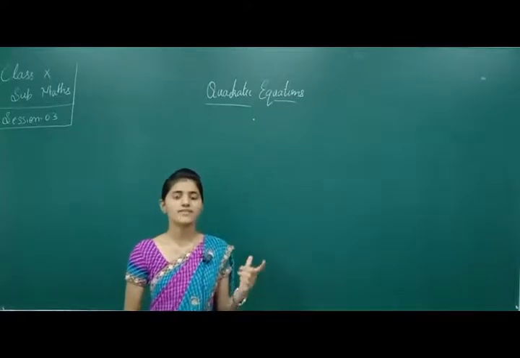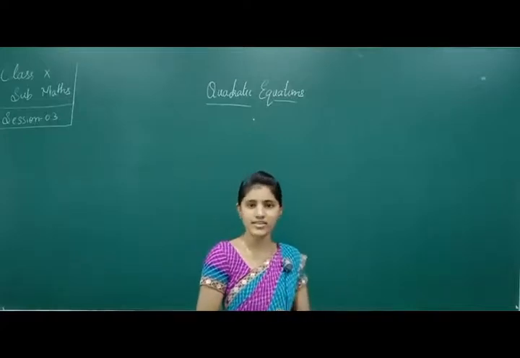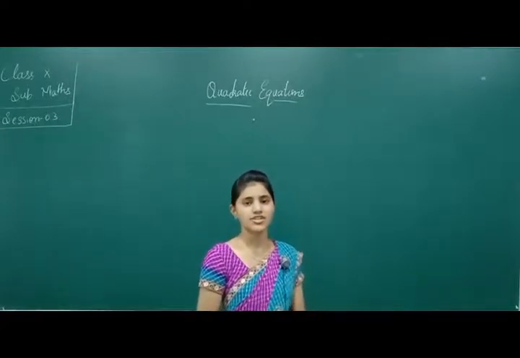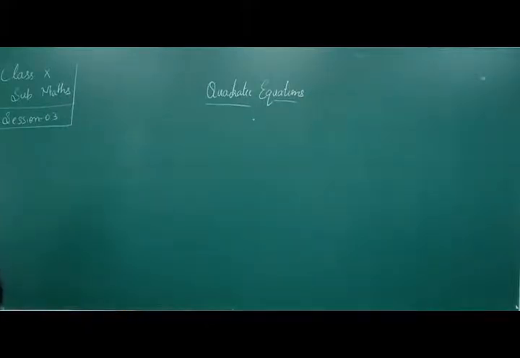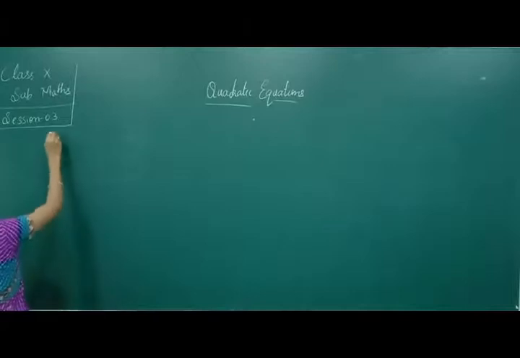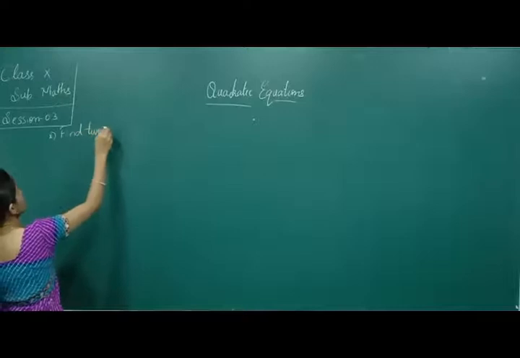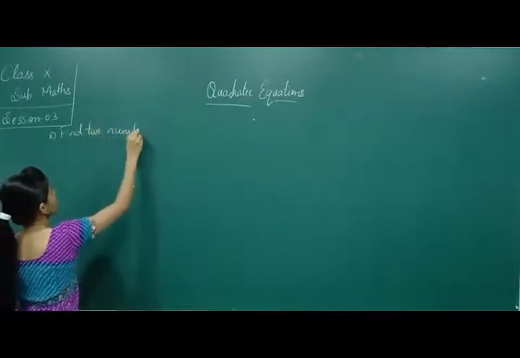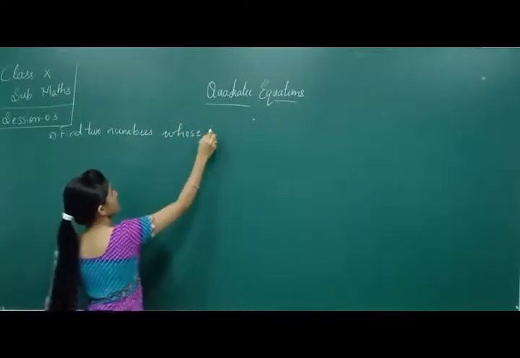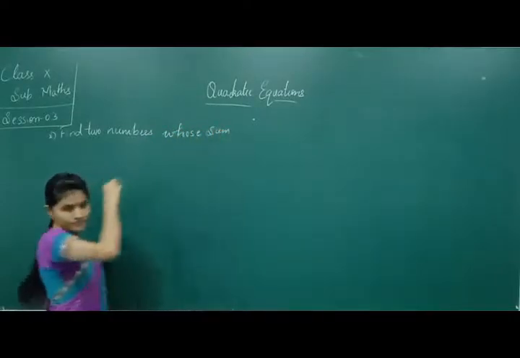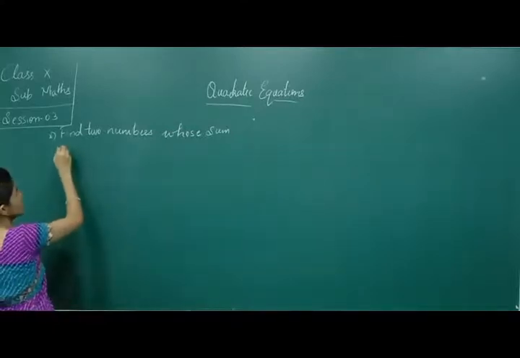Let us solve the statement problems, that is, let us first convert the given condition into a quadratic equation and then find its solution by the factorization method. Okay, we were solving the third question, right? Find two numbers whose sum is 27 and product is 182.